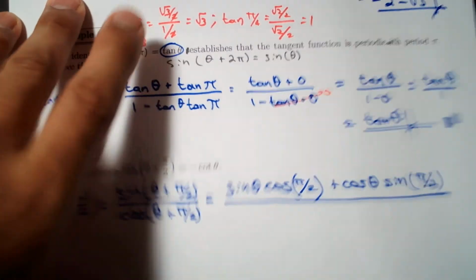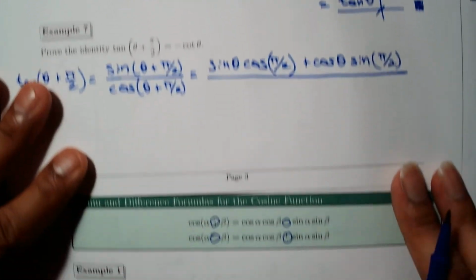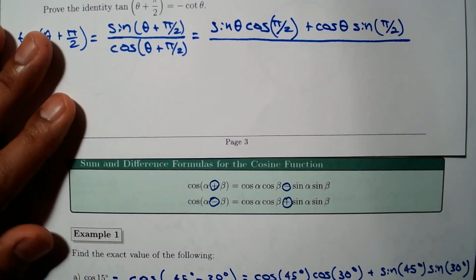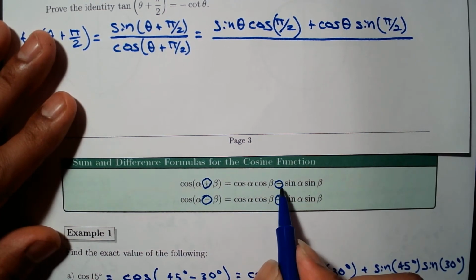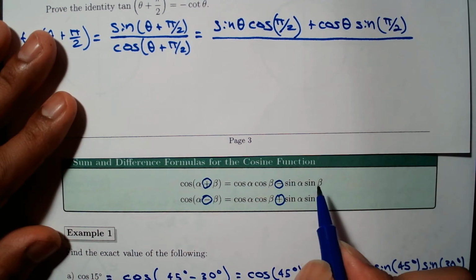I'd better put that formula over here: cosine alpha cosine beta minus sine alpha sine beta.